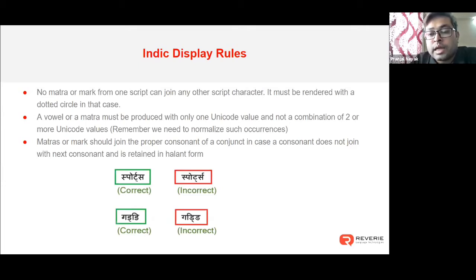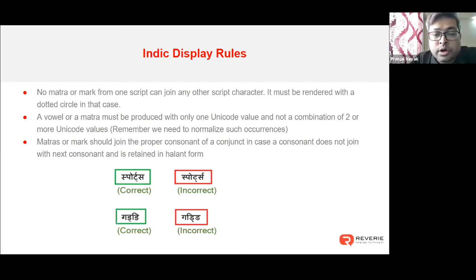From a display standpoint, no vowel or matra should be allowed to be produced with more than one Unicode value. Each vowel or matra has its own unique Unicode value, and that is what should be used while producing it. In case it is being written with a combination, those need to be normalized.